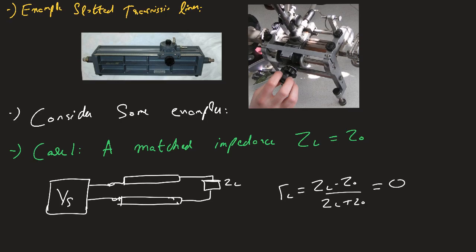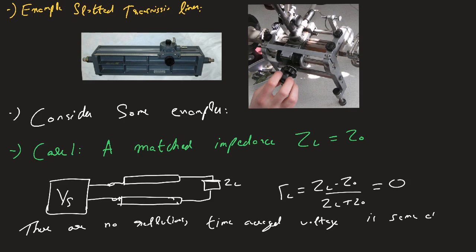So there are no reflections. Right? And the time average voltage is the same at all points in the transmission line.